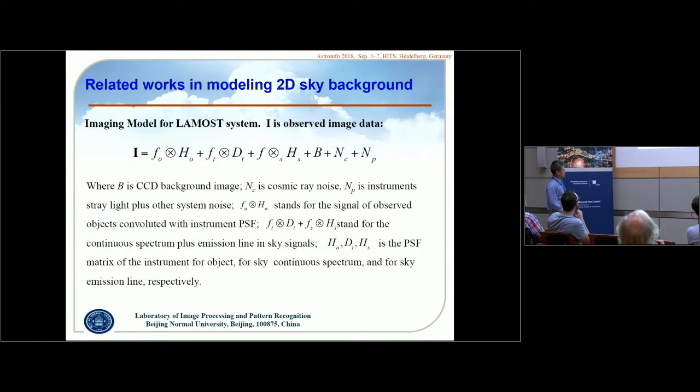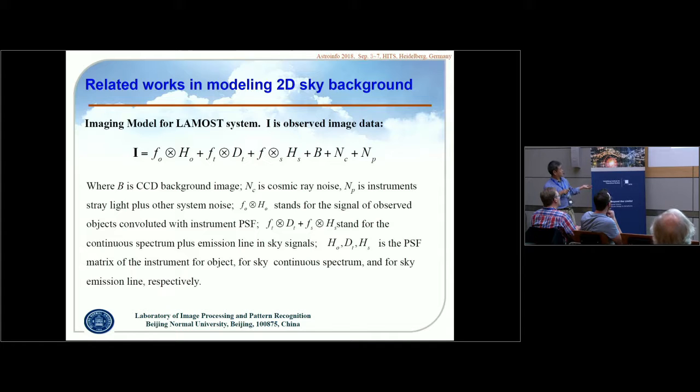Now the related work. For the LAMOST system, the image model is like this. This is the observed image, the CCD image.